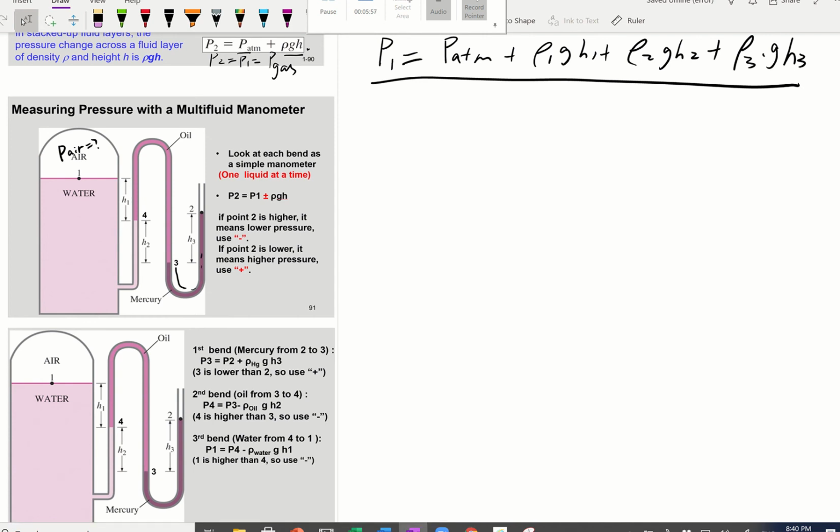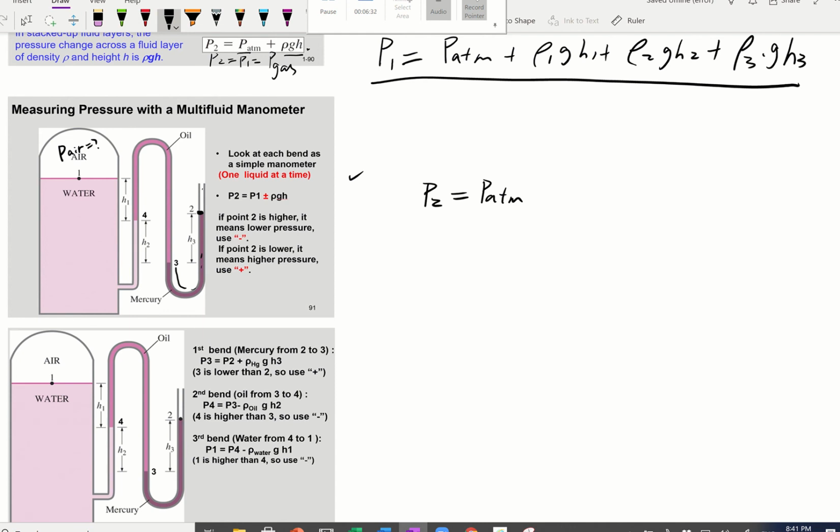The way to work on this type of problem is to do one fluid at a time. We have to start with something we know. Among all those points, do we know the pressure somewhere? Yes, we do, because P2 is open to the air, so it's at atmospheric pressure.